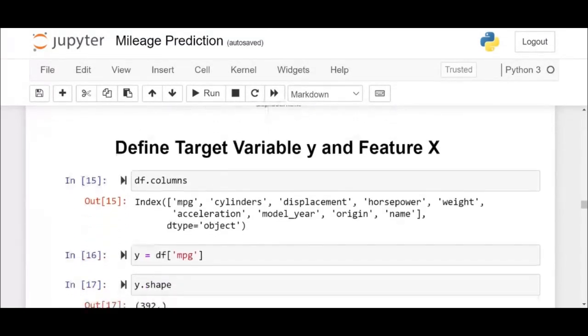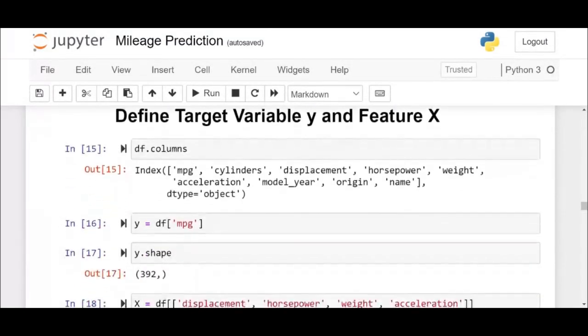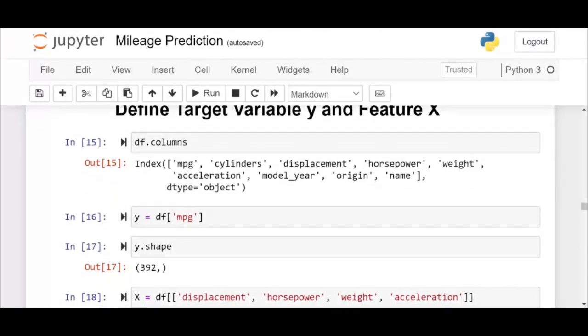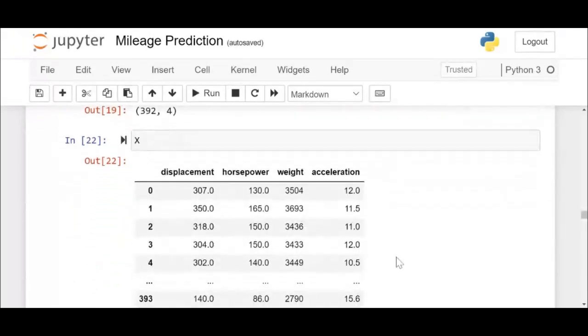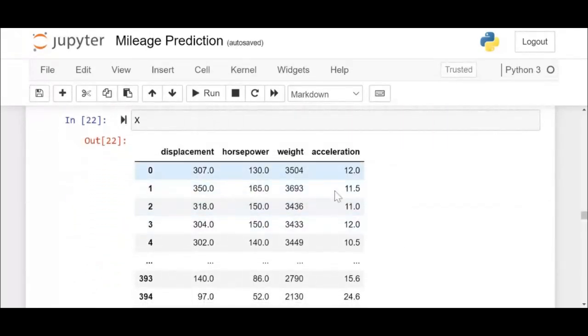Then we have defined our y and x. Y is our mileage, we want to predict the mileage. Then we have chosen the four variables, displacement, horsepower, weight and acceleration to predict this. This is the values before the standardization, in their original unit, like displacement is 307, horsepower 130, weight is 3504, and acceleration is 12.